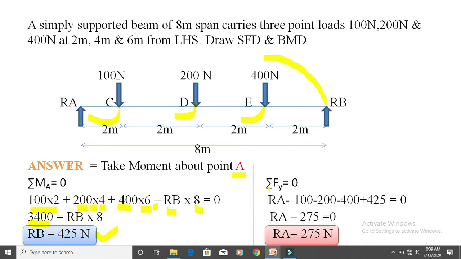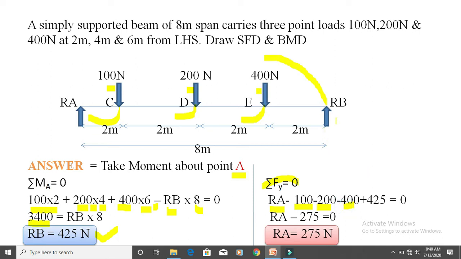Then the second step is to consider summation Fy. Summation Fy means the algebraic sum of all the vertical forces. So first consider RA, which is going in upward direction, so plus RA. 100 is going in downward direction, so minus 100. 200 is going in downward direction, so minus 200. 400 is going in downward direction, so minus 400.